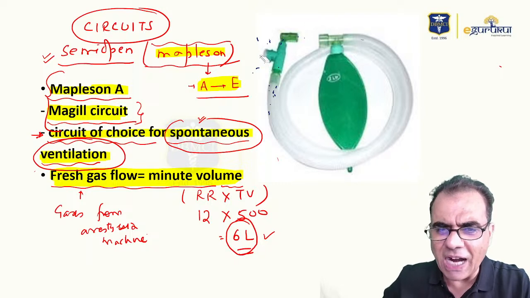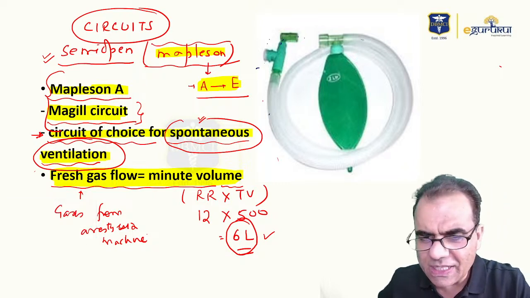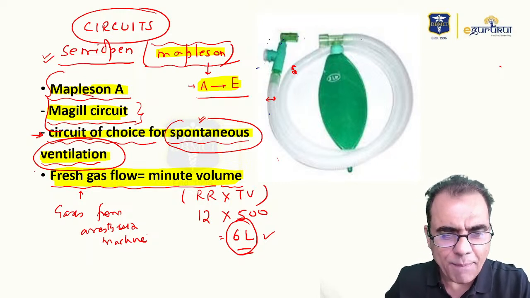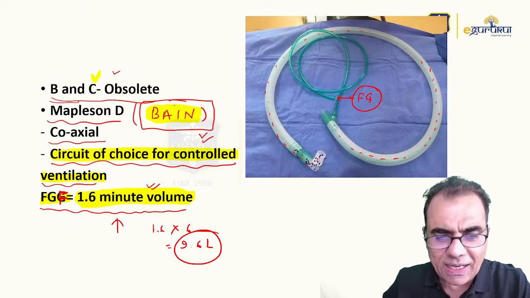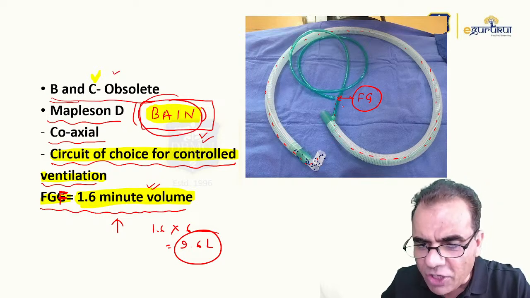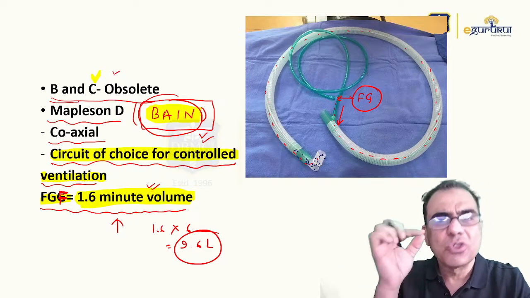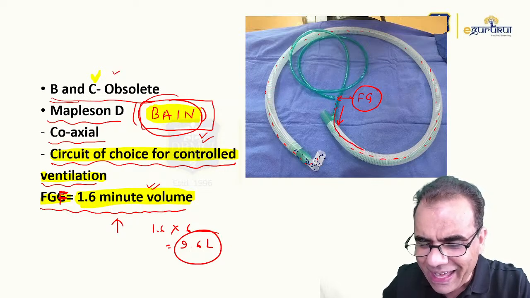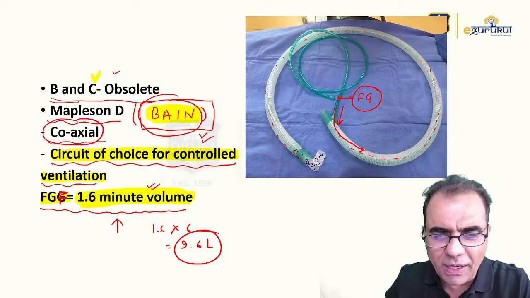If they give you only a single tube, no tube passing through it, this is the Magill circuit, Mapleson A. In the Bain circuit, they will definitely show an inner tube entering the outer tube. That is the way you have to recognize. In a diagram, if one tube is entering the other tube, it means it is coaxial, so it is Bain's.